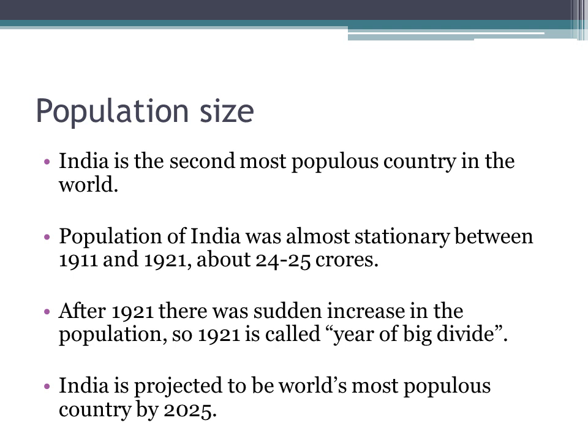But after 1921, there was a sudden increase in the population. So, this year of 1921 is called as the year of Big Divide. According to projections, India will be the world's most populous country by the year 2025.